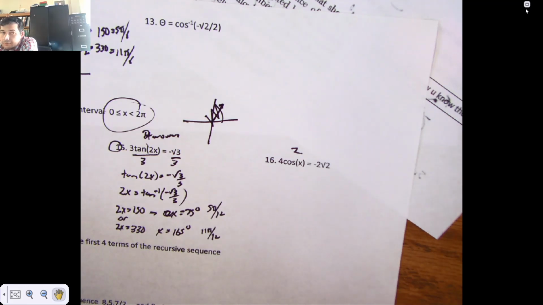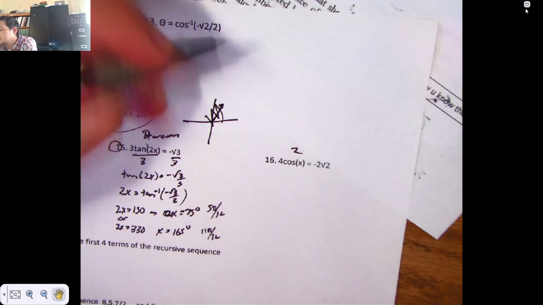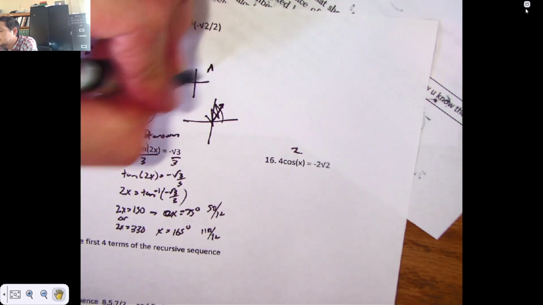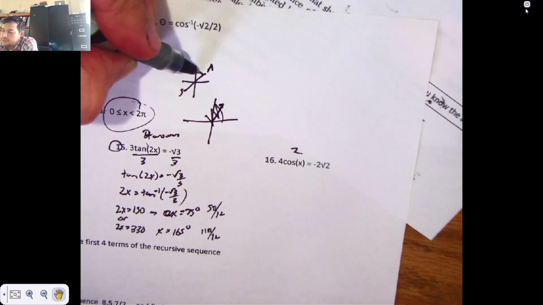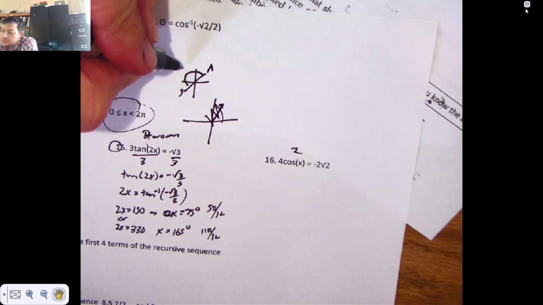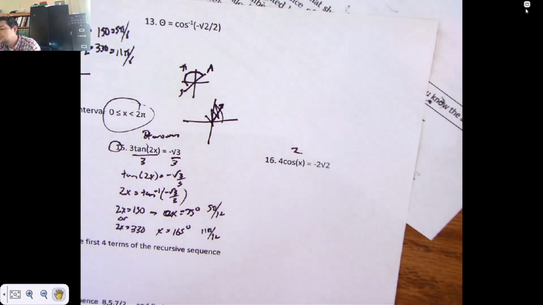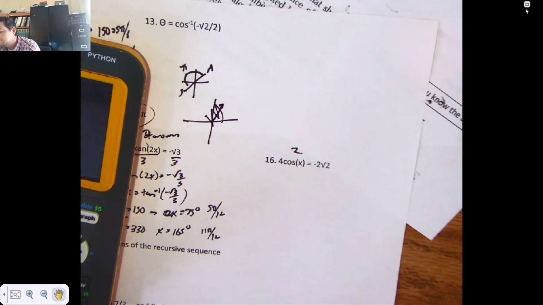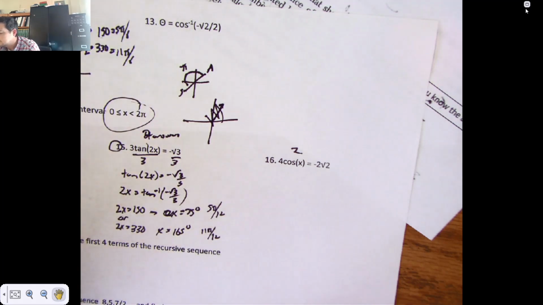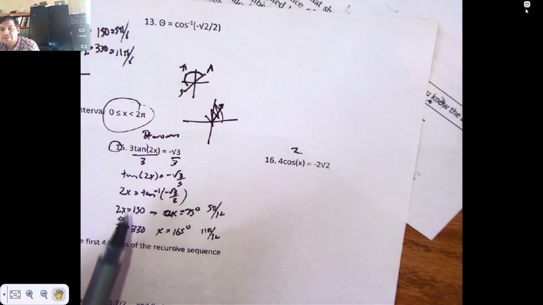This is beyond the scope of algebra 2, but the tangent function has a period of pi. The degree of separation between these two answers is pi. If you go back to the original two answers, they were separated by 180 degrees.